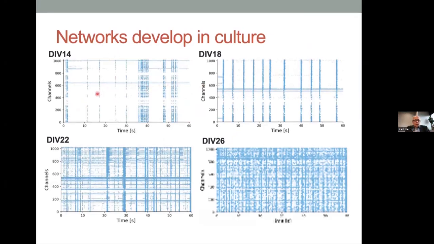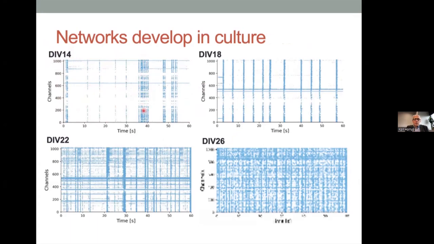So this is a plot of 1,000 of those electrodes selected by their activity. This dimension actually has no anatomical meaning. It's basically just a list of electrodes. And what you can see is that at 2 weeks, the cultures begin to mature.